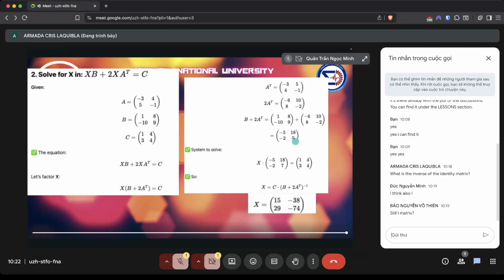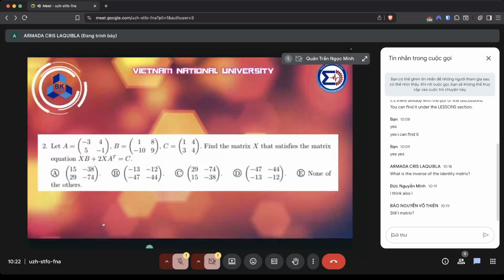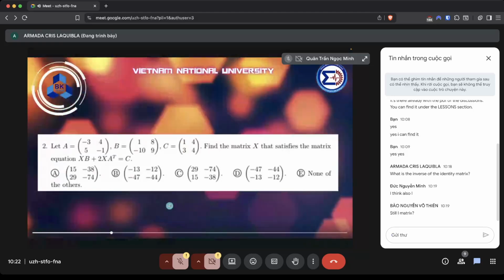And this is now your B plus 2A transpose. Your C is 1, 3, 4, 4. Now you have to get the inverse of this, and I will not get that for you. So you have to solve the inverse of that, multiply it by C, and you will get this value: 15, 29, negative 38, negative 74. And that is in letter A here. Letter A is the answer.